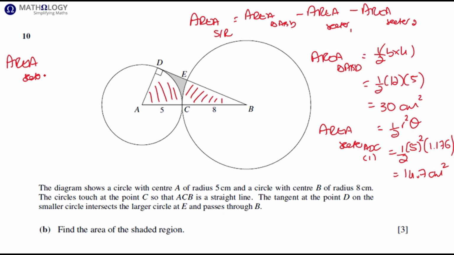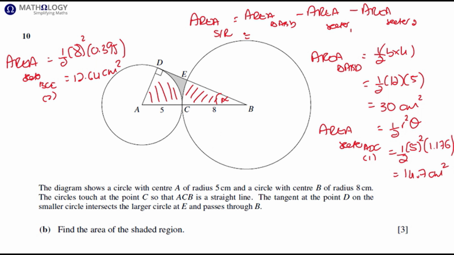And then the area of sector BCE is a half r squared alpha. The radius is 8, so it's a half 8 squared times alpha, which is 0.395, which equals 12.64 centimeters squared.